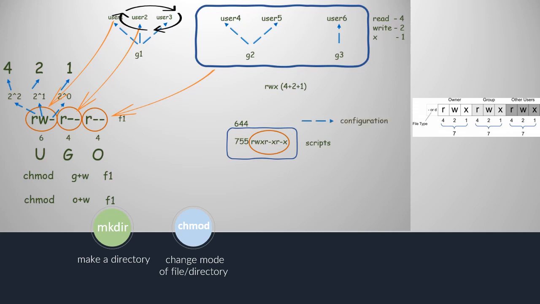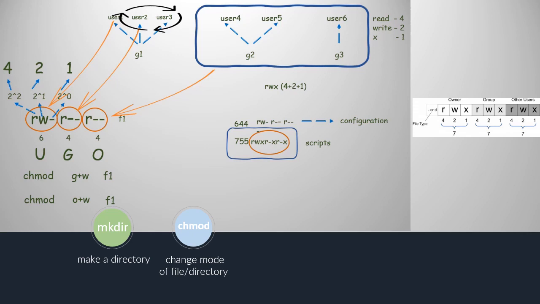On the other hand, configuration files in Linux are usually given 644 permissions. If you see 644, 6 is 4 plus 2, which means read and write. 4 is 4 plus 0, which means read, no write, no execute. 4 again, read.